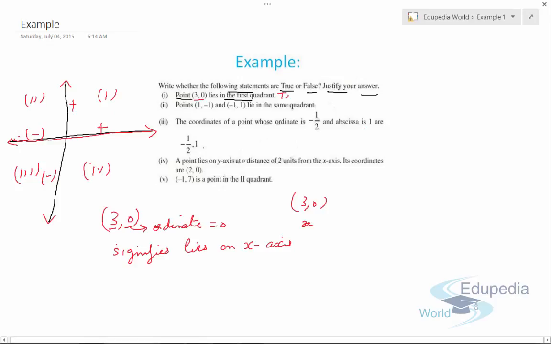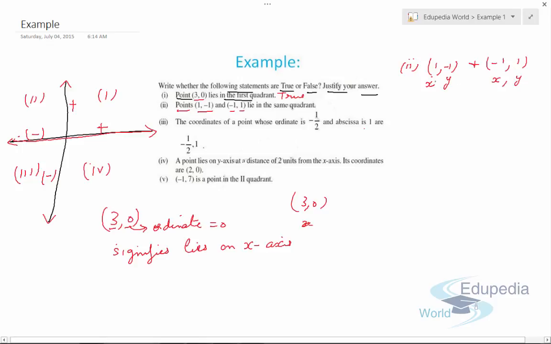The statement is true. Now the second question is, the points (1, -1) and (-1, 1) lie in the same quadrant. So we can clearly see that in the first point, x is +1 and y is -1, and here x is -1 and y is +1.